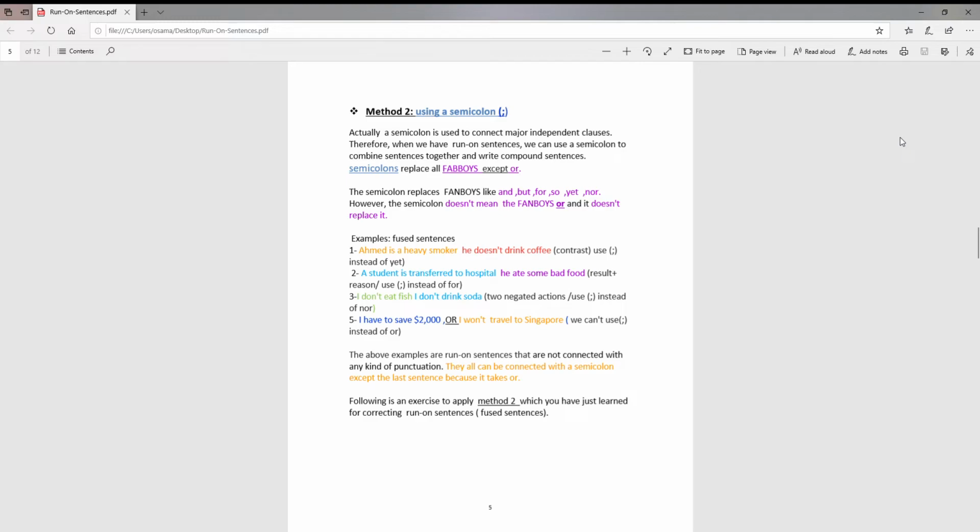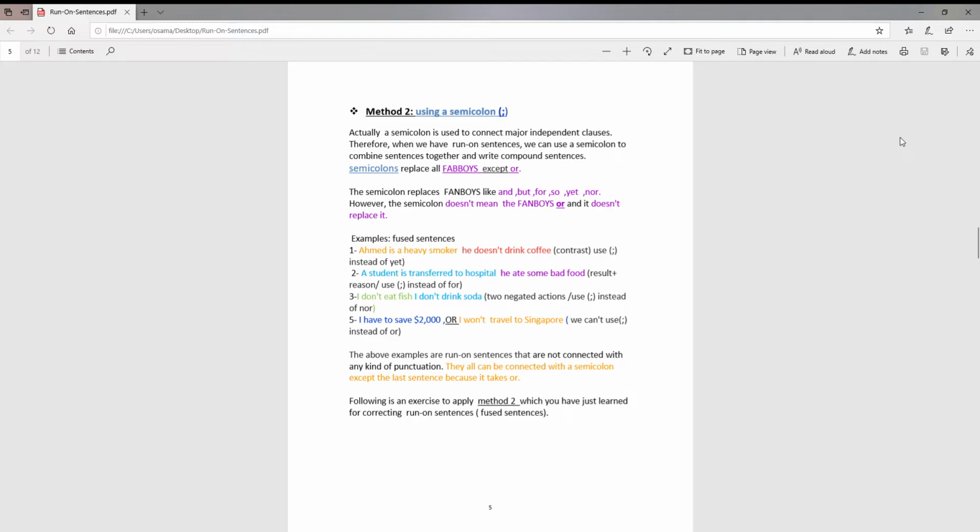We will see. Actually, a semicolon is used to connect major independent clauses. Therefore, when we have run-on sentences, we can use a semicolon to combine sentences together and write compound sentences. In fact, this is like what we said before.